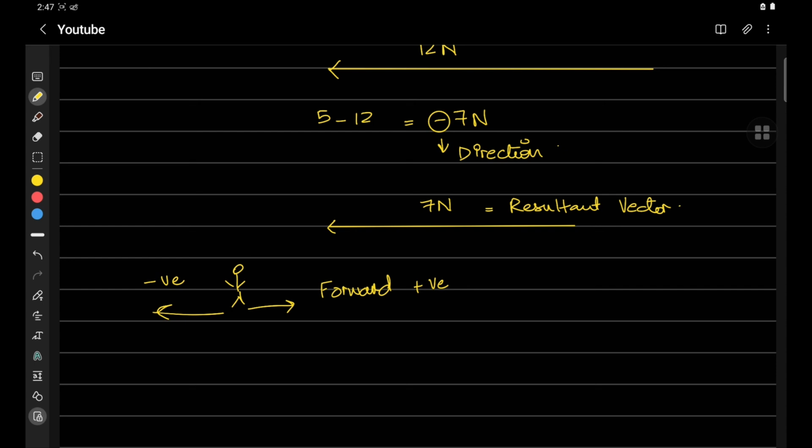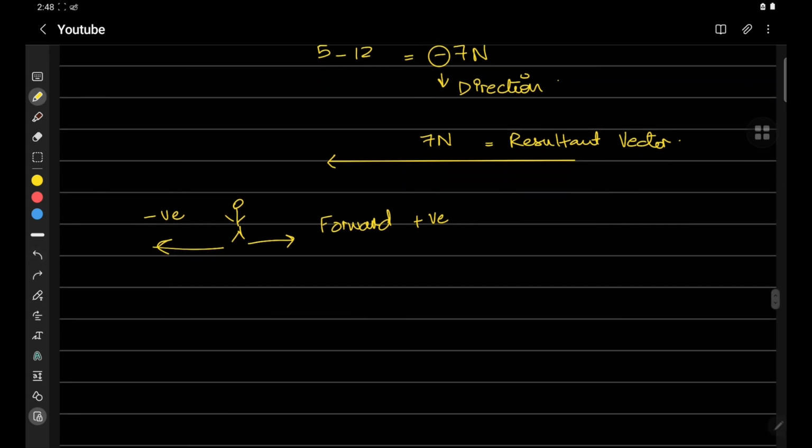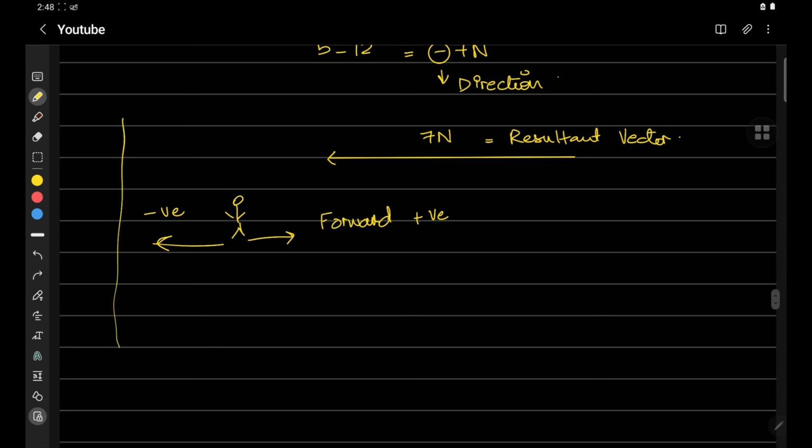Once again, if you put it on a graph, you'd know that if you're moving in the forward direction, you're going to increase. Let's suppose this was 4 meters, and then you would come to 5, 6, 7.